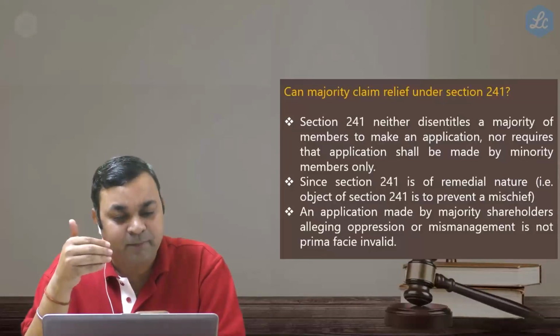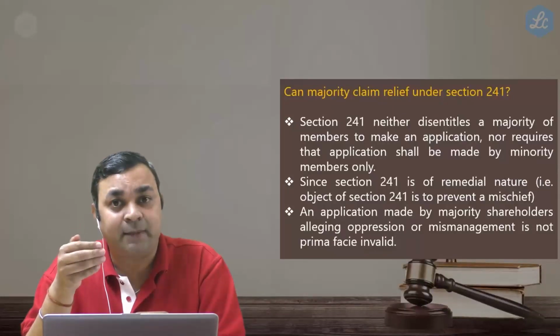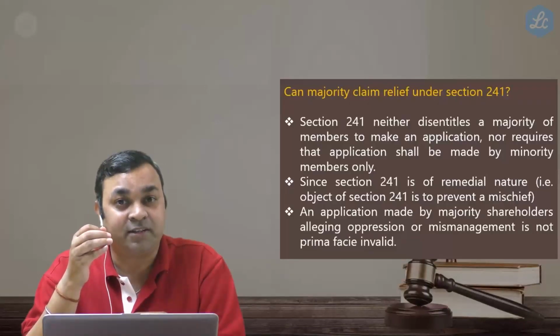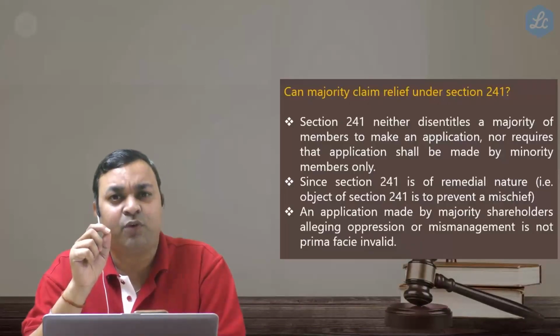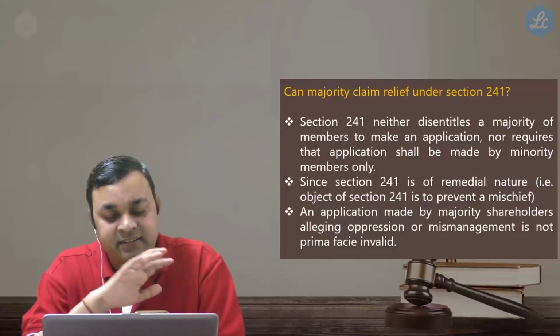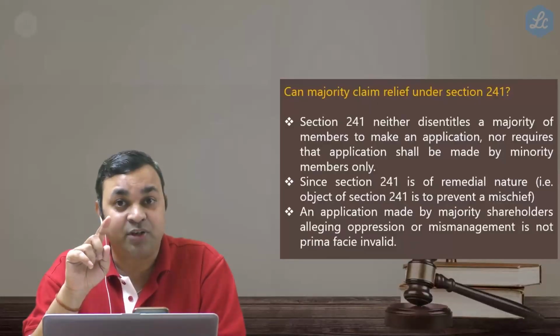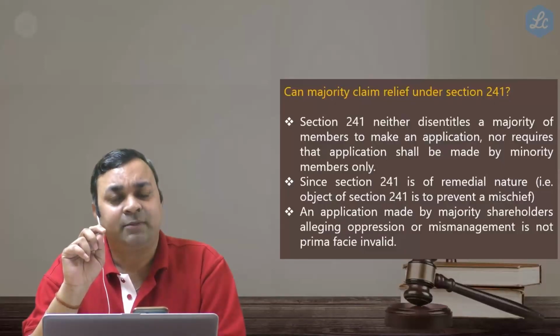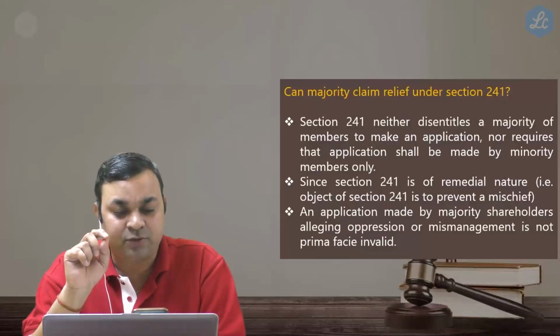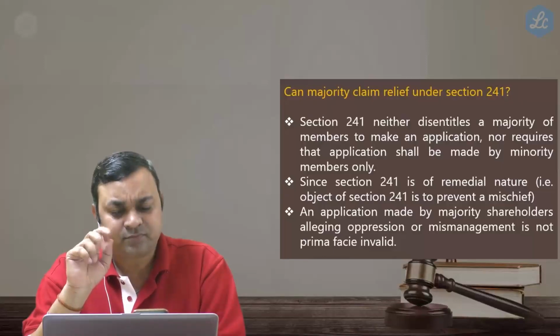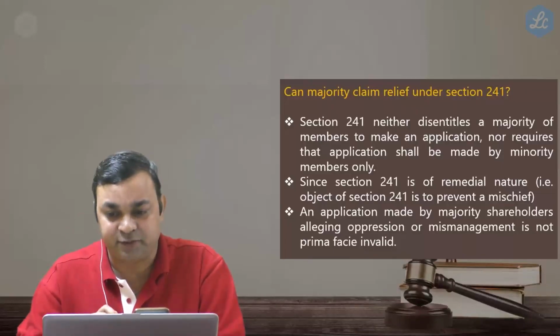Whether the majority members are eligible to make an application? Yes, you need to make the point that in section 241, nowhere is there a restriction on applying under section 241 by a majority shareholder, meaning that a majority shareholder can also apply to the NCLT, right? This is the first point.